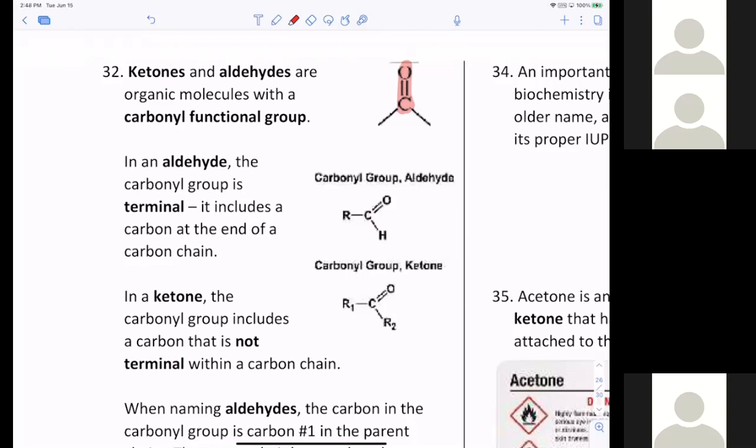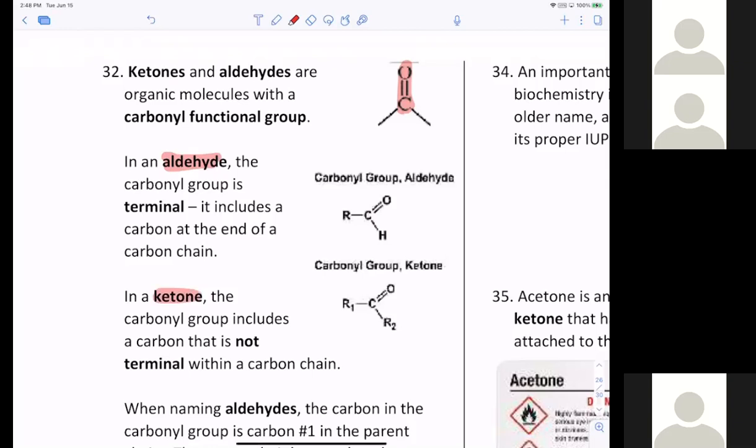If that carbonyl group is at the end of a carbon chain, then the molecule is considered an aldehyde. When it's on a terminal carbon atom, terminal just means at the end of the chain. If the carbonyl is not at the end of the chain, but somewhere inside the chain, so not on the first or last carbons, then the molecule is referred to as a ketone.